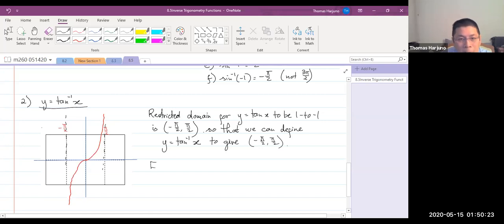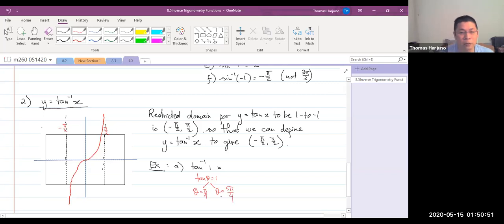For example, part A, how about tangent inverse of 1? Tangent what equals 1? We will see tangent pi over 4 and 5 pi over 4.